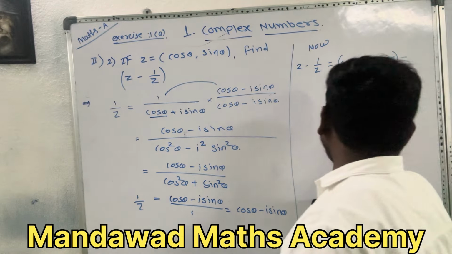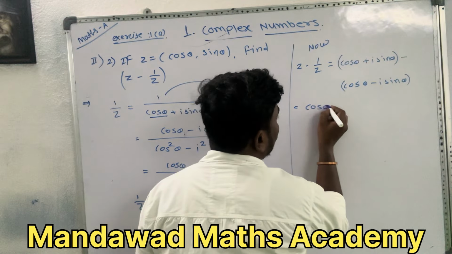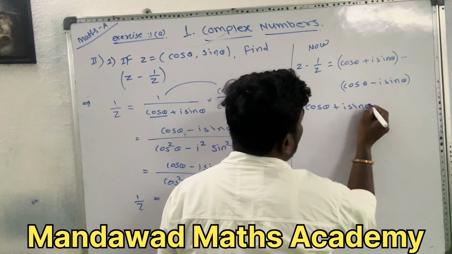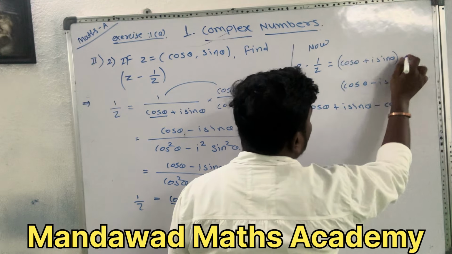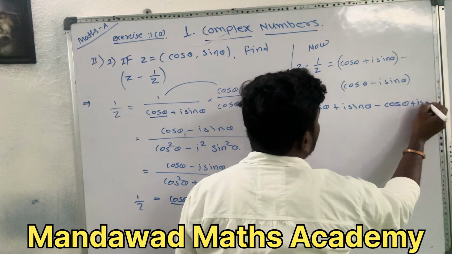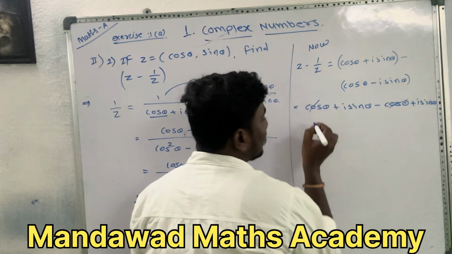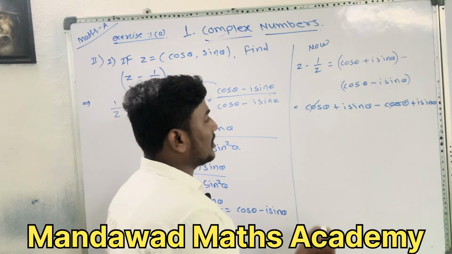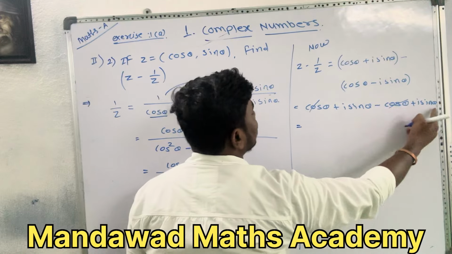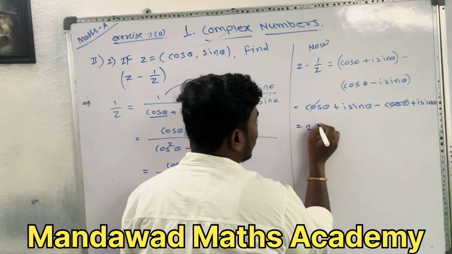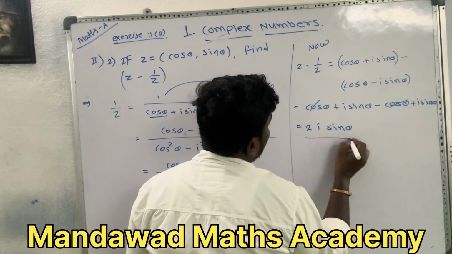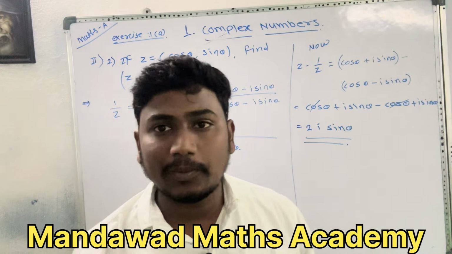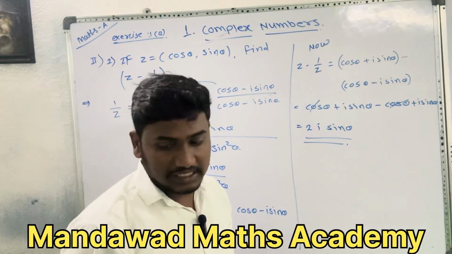So what we get here: cos theta plus i sin theta minus cos theta, minus minus plus i sin theta. Minus cos theta plus cos theta cancel. What is remaining? i sin theta plus i sin theta means 2i sin theta. So this is the answer: Z minus 1 by Z is 2i sin theta.